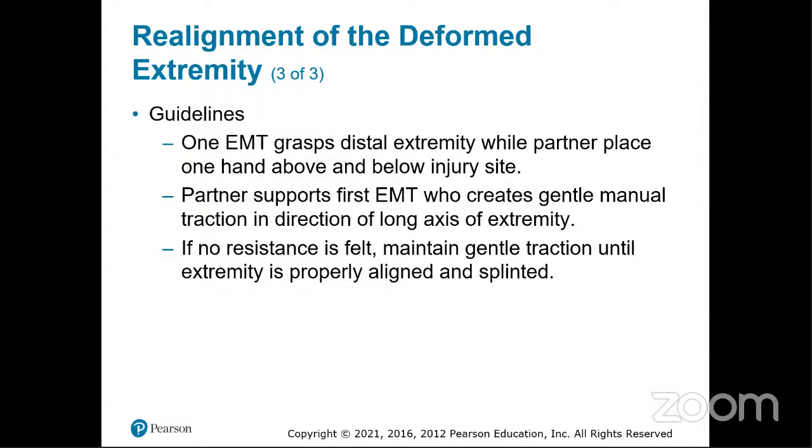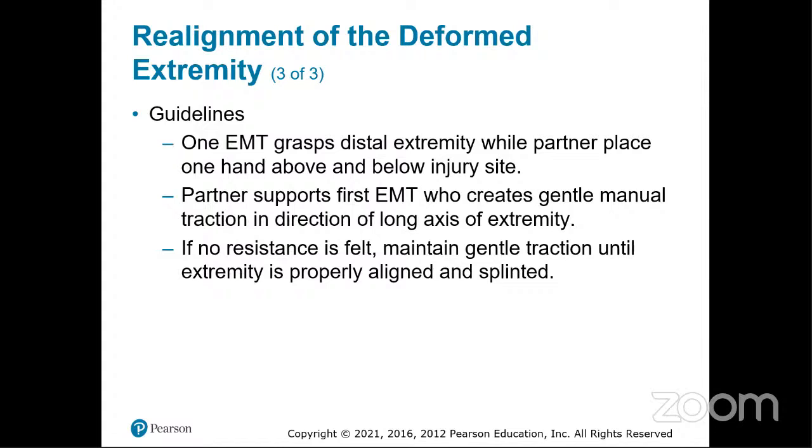If it's an arm, the distal extremity, or a lower leg, have one person hold the joint above it, to give you something to pull against too. And then we're going to do it in the direction of where it should be. So when they're saying traction in the direction of the long axis of the extremity, it's a really good way of saying we're going to pull where it should be in an anatomical position.